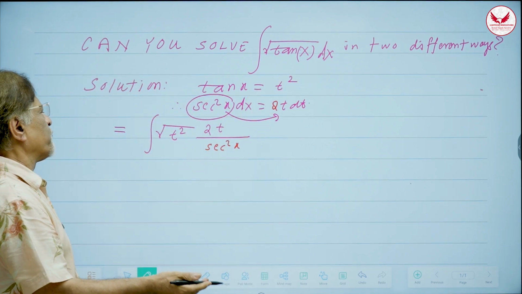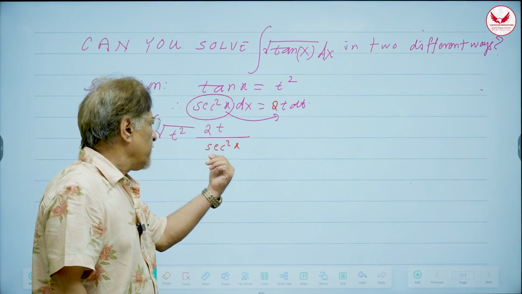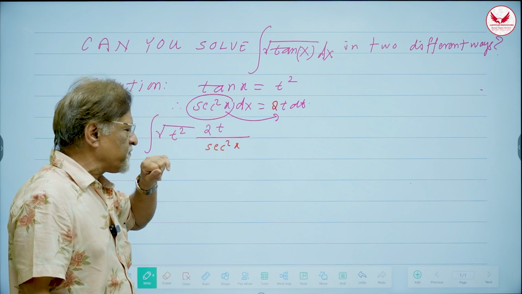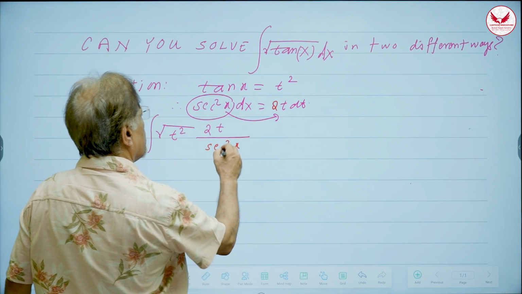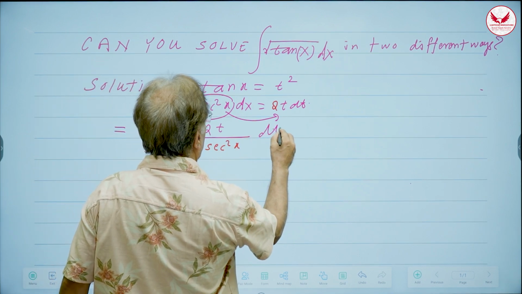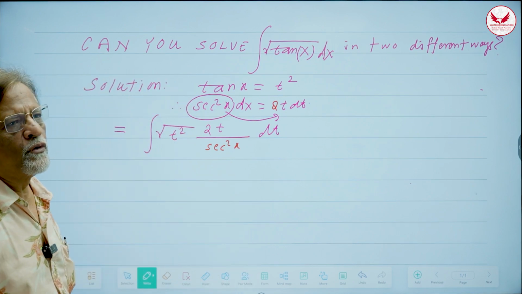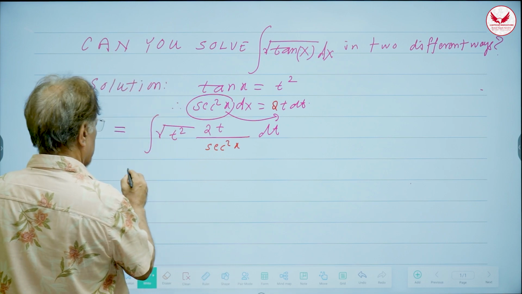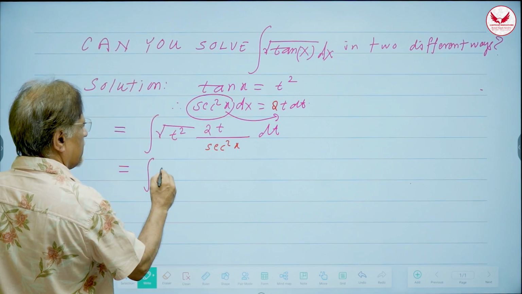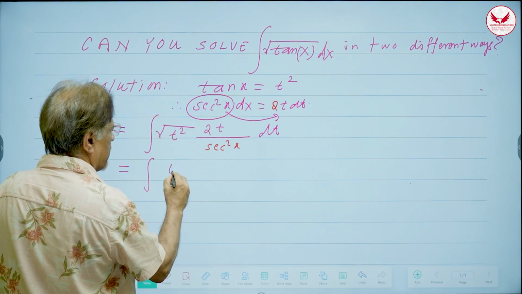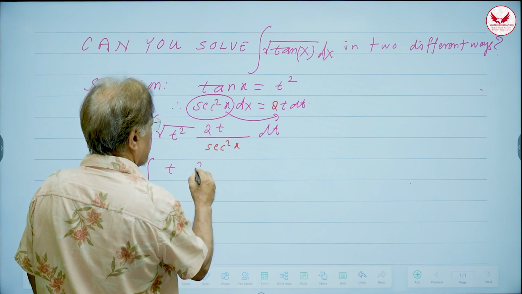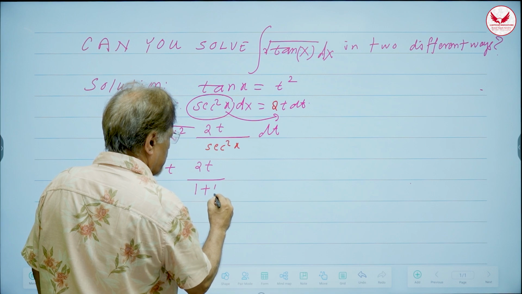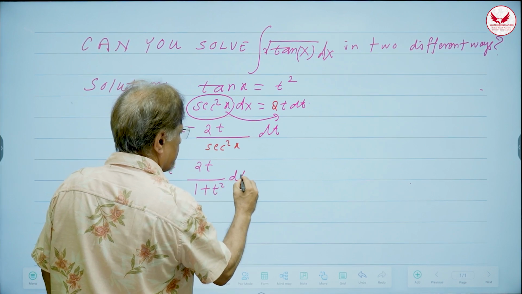But as a rule of substitution, we cannot keep any expression in terms of the old variable x. So I'll have to eliminate sec square x as well. All of you know from trigonometry that sec square x is equal to 1 plus tan square x. So now this problem becomes root of t square, which is t, times 2t, and sec square x becomes 1 plus t square, dt.